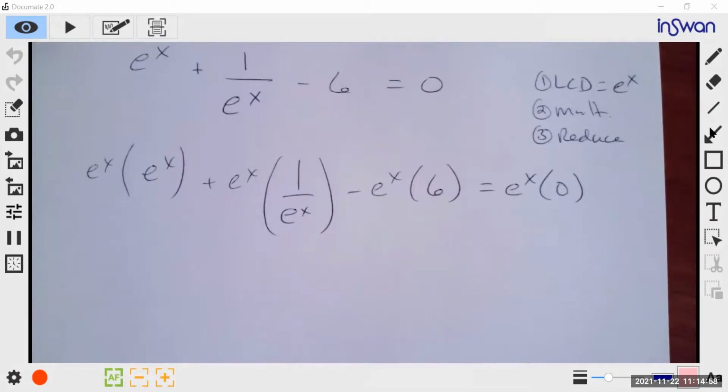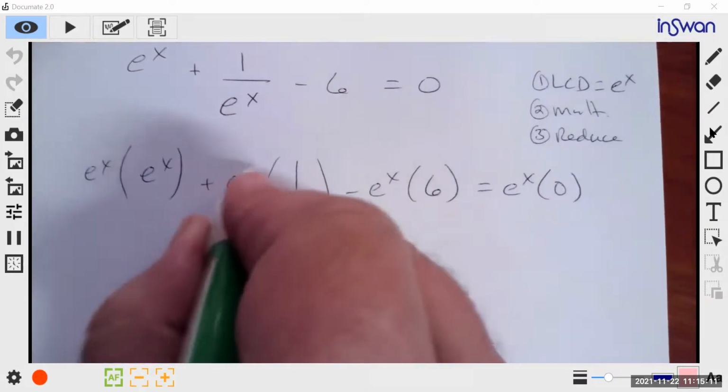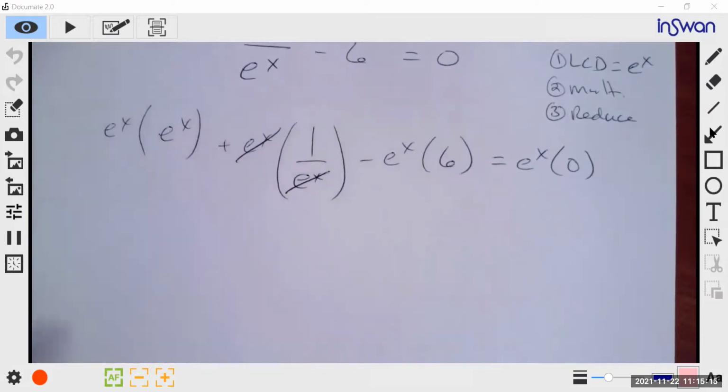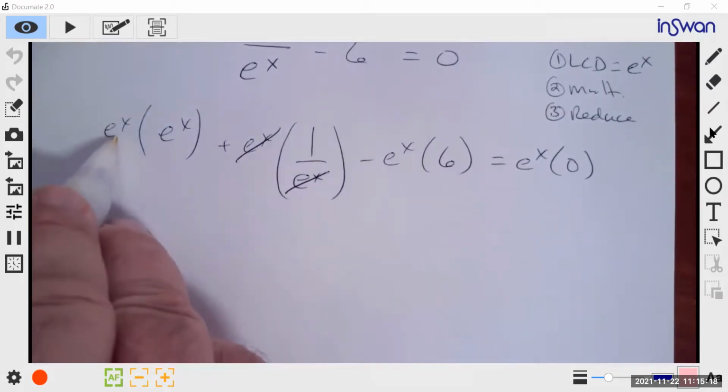Reduce. That's the only thing that reduces, the e to the x on the bottom. That's cancellation. So multiply.